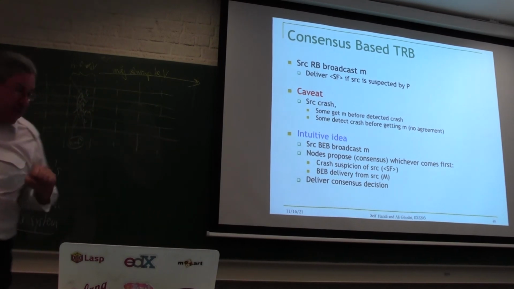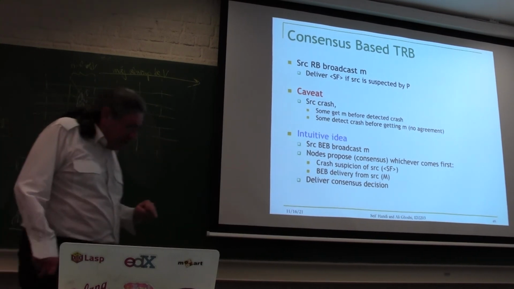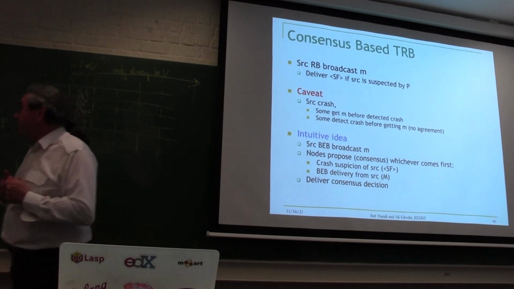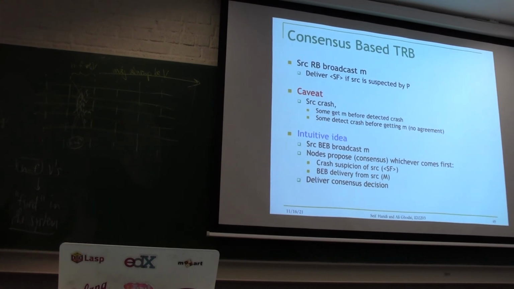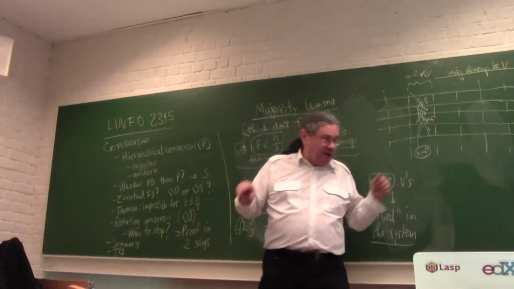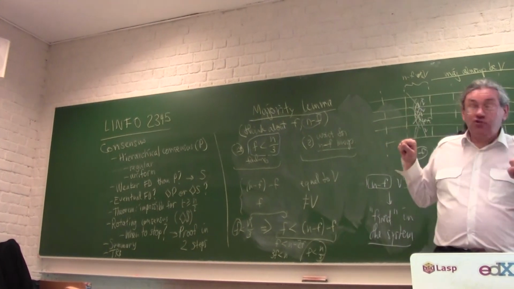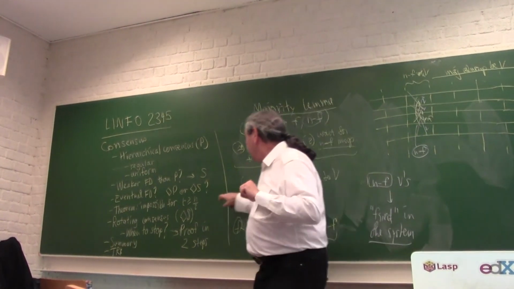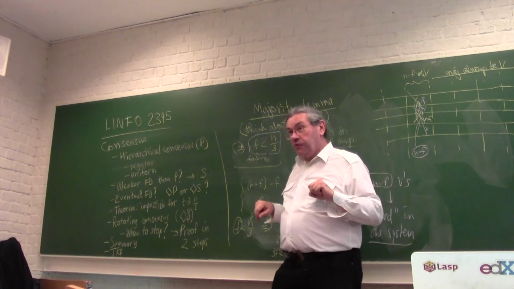But what I want you to keep from today's lesson is, first of all, consensus, you can do it in eventual. You saw that it's not so simple, but you can actually make it work in this really funny, eventually accurate, partially synchronous system.